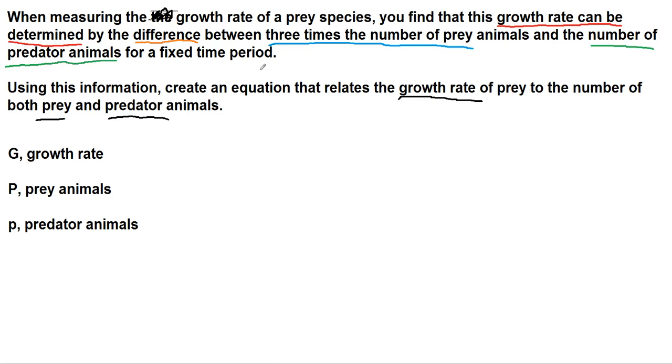So each one of these different color underlines is telling you something different. The first one is telling you that we can find the growth rate by doing something. In other words, that red thing there is telling you that G is going to be equal to whatever follows it.